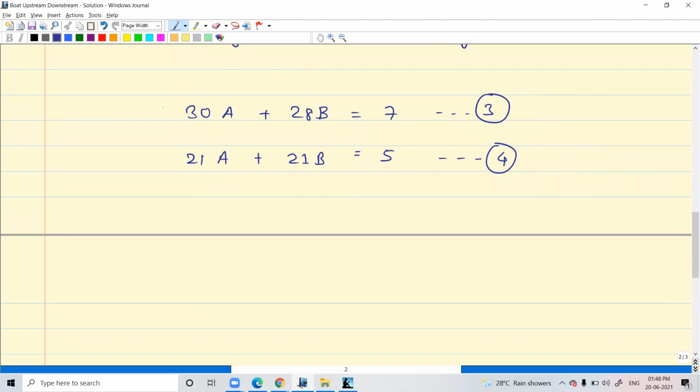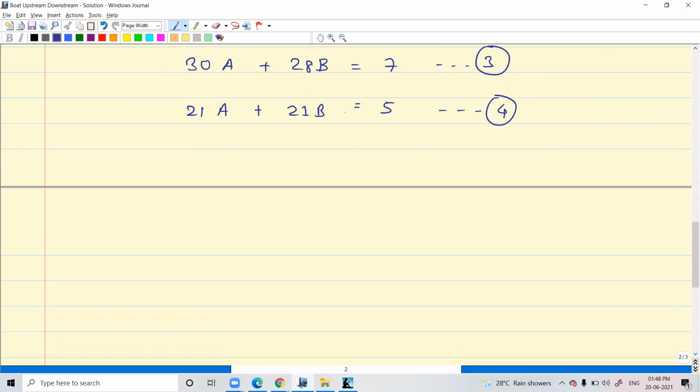But if you are not comfortable with dividing, you can do it using the normal methods which we have learned earlier. You can find the LCM of the two numbers and make them both equal to that number. Okay, so you know how to solve these equations, so I'm not going to go into too much detail. Just try to solve the equation on your own, but here I will solve it using this method, because I see that it's better to divide instead of multiplying.